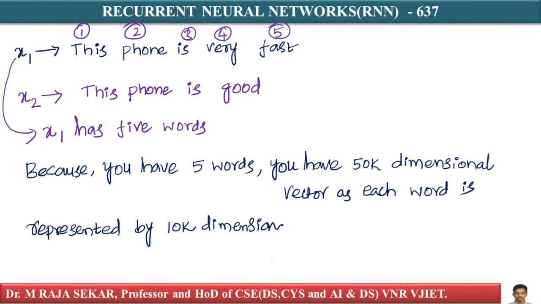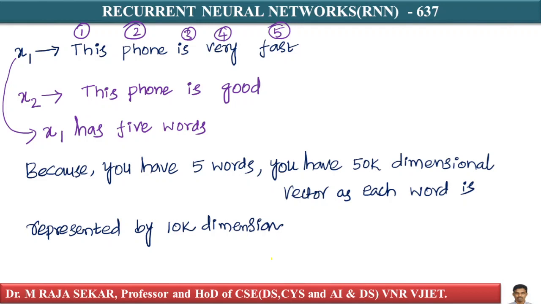Because you have 5 words, you have a 50k dimensional vector, because each word is represented as a 10k dimensional vector, as we have seen here. That's important, because your vocabulary size is 10k.